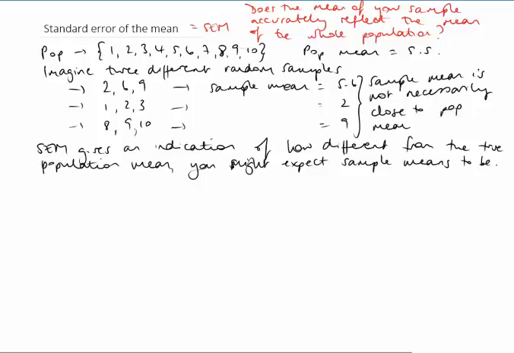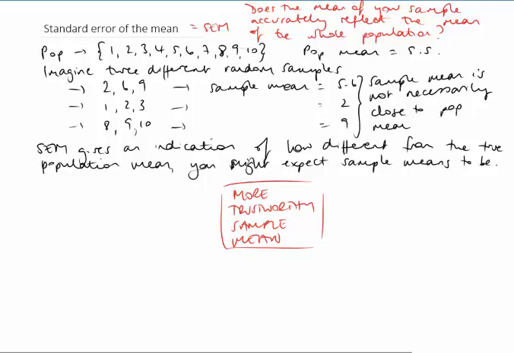Okay, so what factors are going to affect the SEM? So what is going to give us a more trustworthy mean, if you like? A more trustworthy sample mean. So one that's more similar to the true population mean.